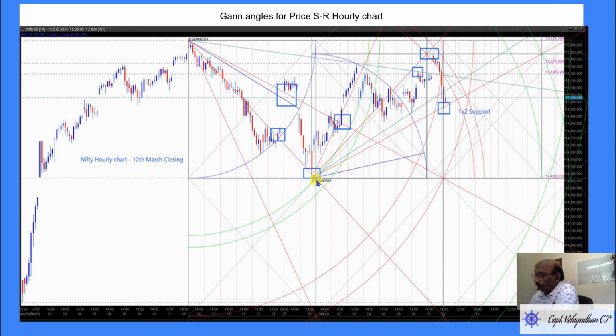When you consider this support level, we have to see the backside also. There was a gap. The price has shown support at two levels. One was the gap support and one was the Gann support.